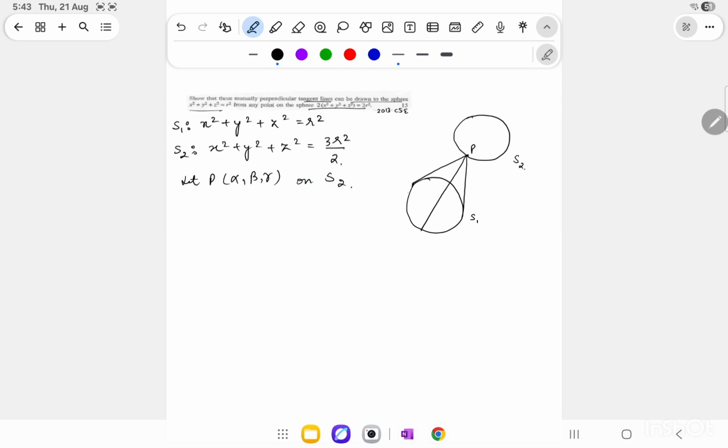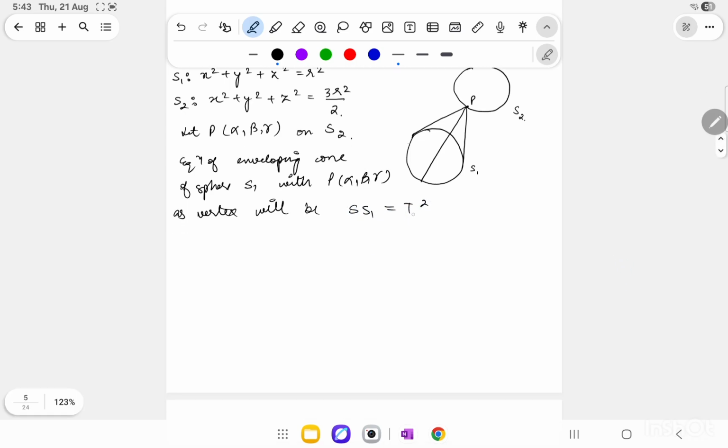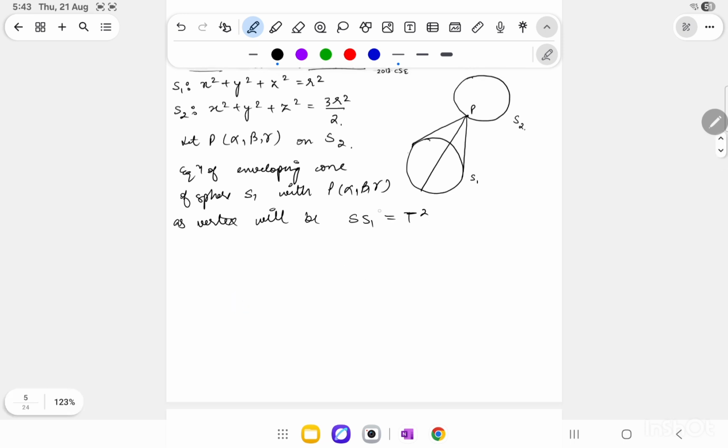So the equation of the enveloping cone of sphere S1 with P (alpha, beta, gamma) as vertex will be S S' = T², where T is basically the tangent, S is the sphere S1, and let's name the other S', as it's creating confusion.